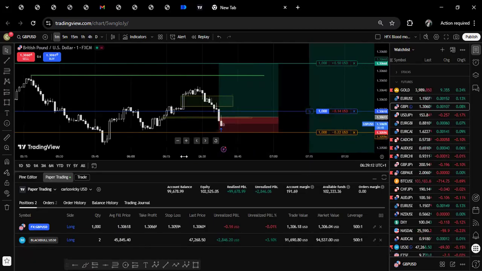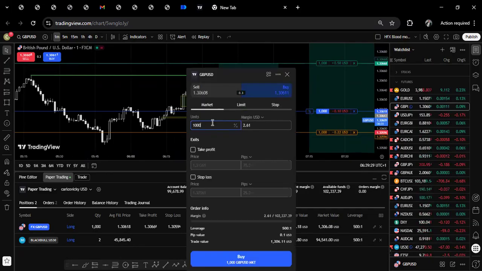I think I entered with quite a very low size. Aiming for something. Wait, let me see. Let me assume I want to take another buy. We are trying out something here. Let's say go for 20,000 units.